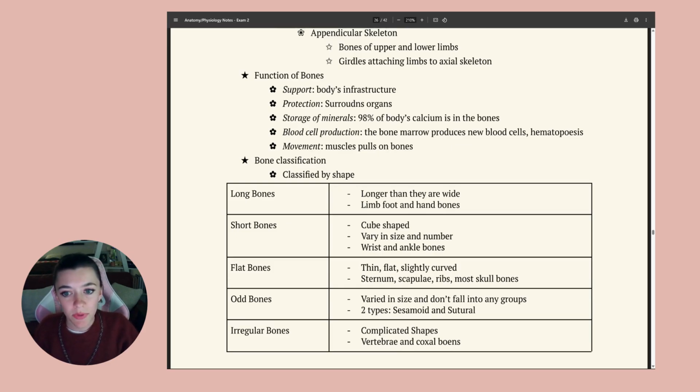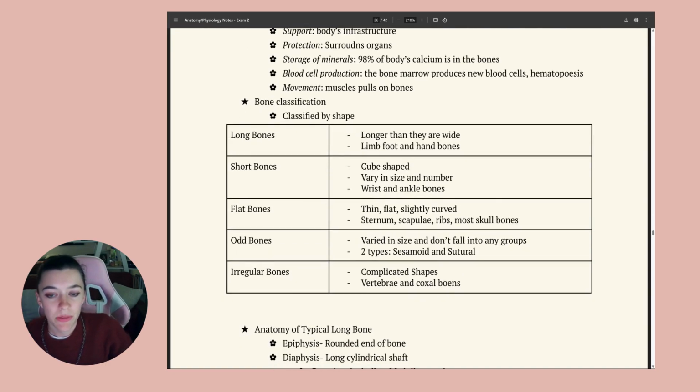And they produce blood cells. The bone marrow produces new blood cells, hematopoiesis. And then movement. Muscles pull on bones. If you can imagine our bodies without bones and muscles trying to move us, it's not really going to work. You're going to be like a big blob. So support, protection, mineral storage, blood cell production, and movement.